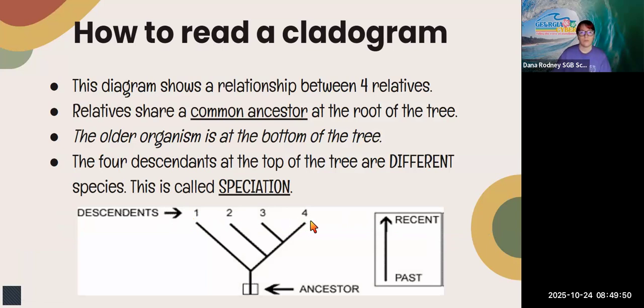The one furthest to the right is the one that branched off the most recent. All relatives share a common ancestor that's at the root of the tree. Older organisms are at the bottom, and the four descendants at the top of the tree here are all different species. And this happens through a process called speciation.